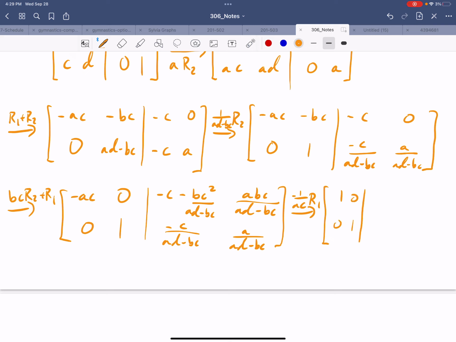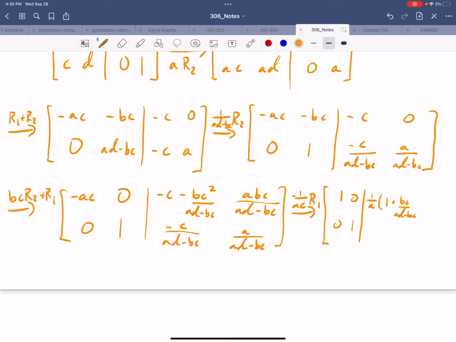And what are we getting over here? Well, we're going to cancel out a C from each of these terms. So that's going to leave us with, first off, 1 over A, negative 1 over, I guess the negative will cancel with the negatives here, so it'll be negative 1, 1 over A times 1 plus BC over AD minus BC.